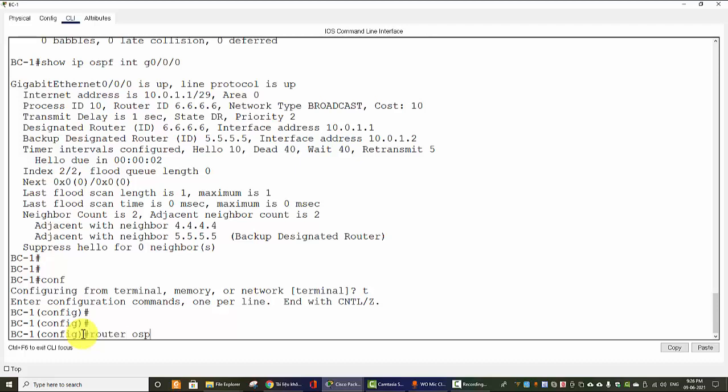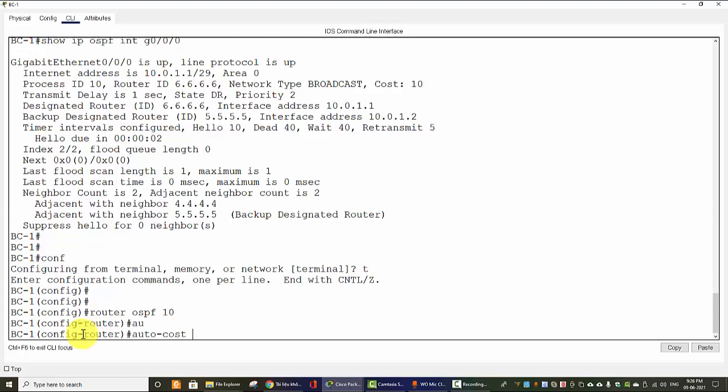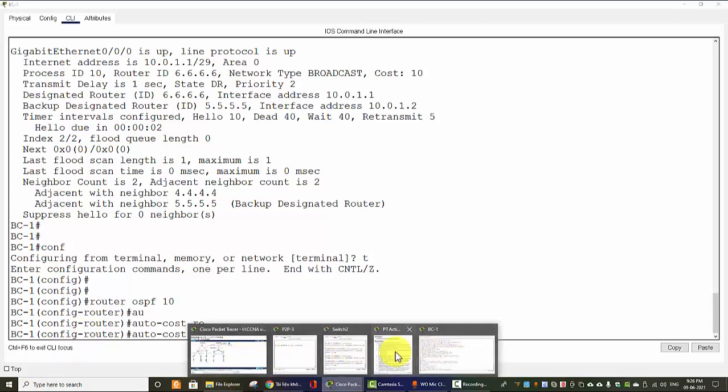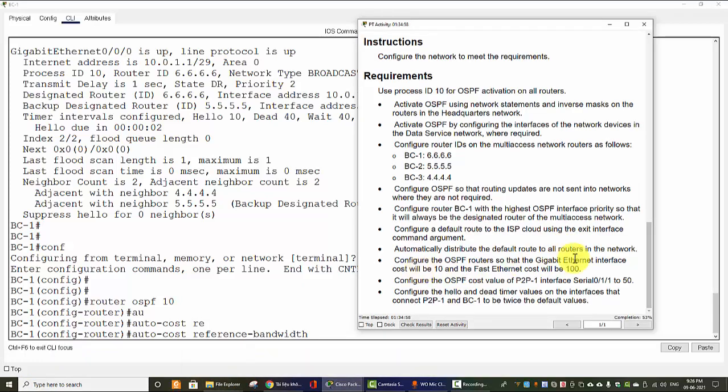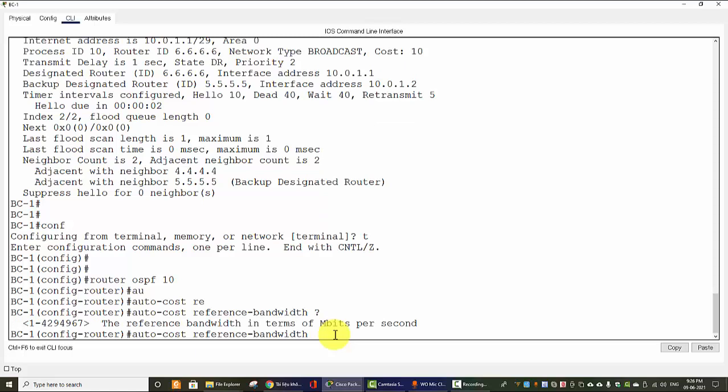Router OSPF 10, and I enter auto-cost reference-bandwidth. In the activity the gigabit Ethernet interface should be 10, and I use the question mark to see that the reference bandwidth is in megabits per second.